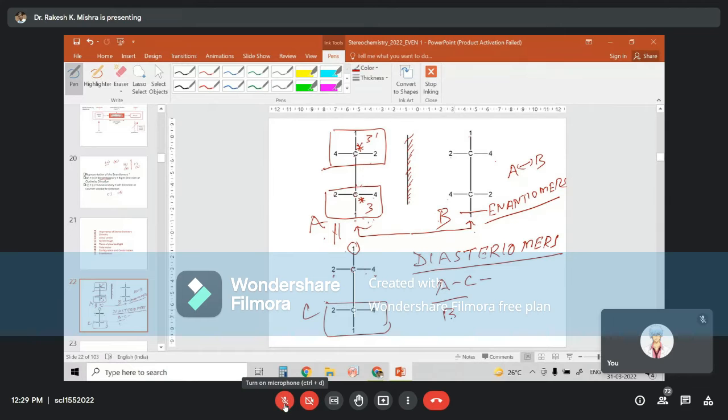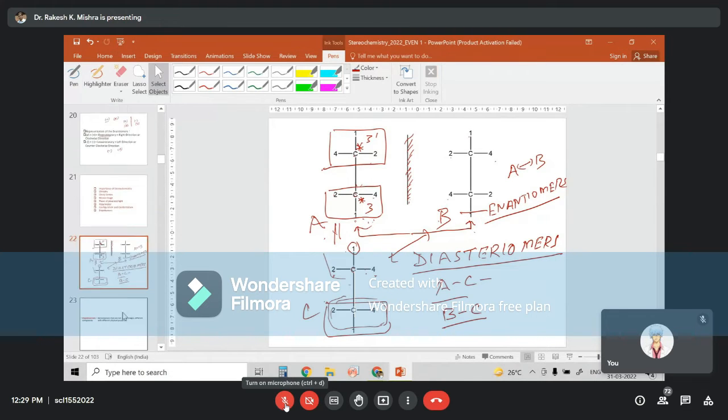What about the B to C relation? Sir, meso compound. Yes, this also is a diastereomer. This also is not a mirror image, because the first group remains the same and only the bottom one is changed. So this also is a diastereomer.